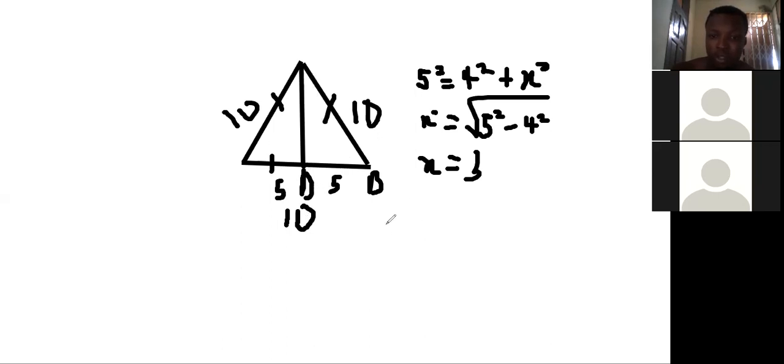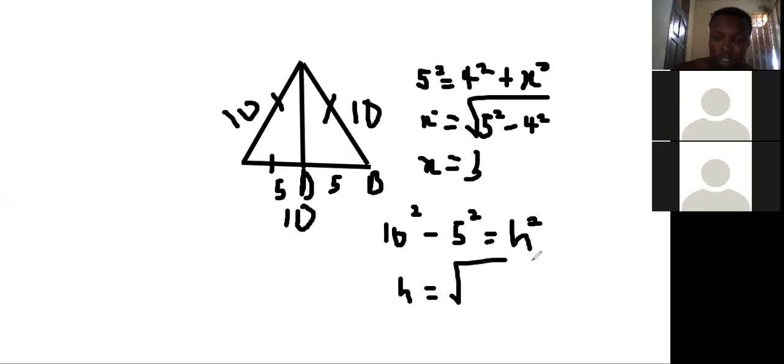So using Pythagoras, that will be 10 squared minus 5 squared is equal to, let's name here x or h squared. So h will be equal to the square root of 10 squared, which is 100, minus 25.